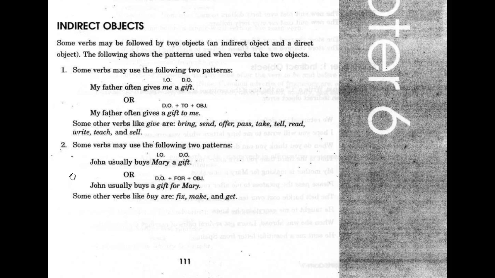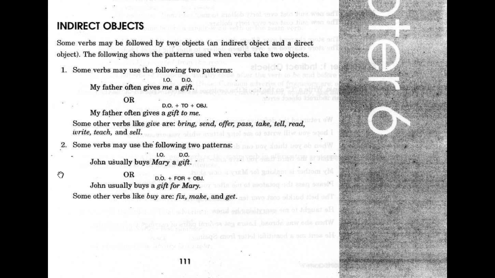Well, more or less that definition was for this sentence. But if you put in a, of course, it's an article, a gift. But to indicates a direction of some type. Okay? We go down to some verbs may use the following two patterns.